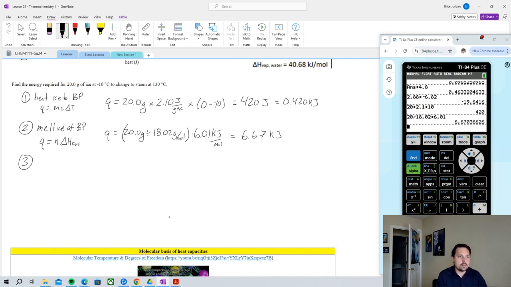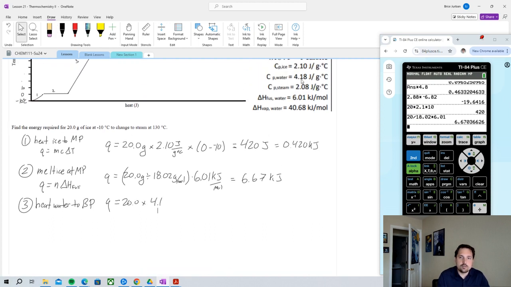Okay. Next part is to heat water to the boiling point. You're probably thinking, what is he doing here? We're going to use the same thing here. So we use Q equals MC delta T. And this is a different value.